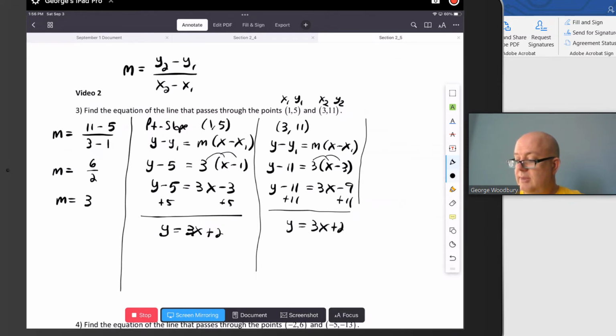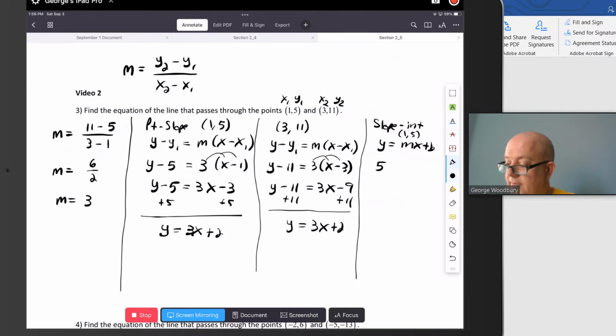Now, the method that I prefer is slope-intercept form right away. And that's y equals mx plus b. The same thing holds true here. I can use either point, and so I'm going to do both. I'm going to start with 1, 5.